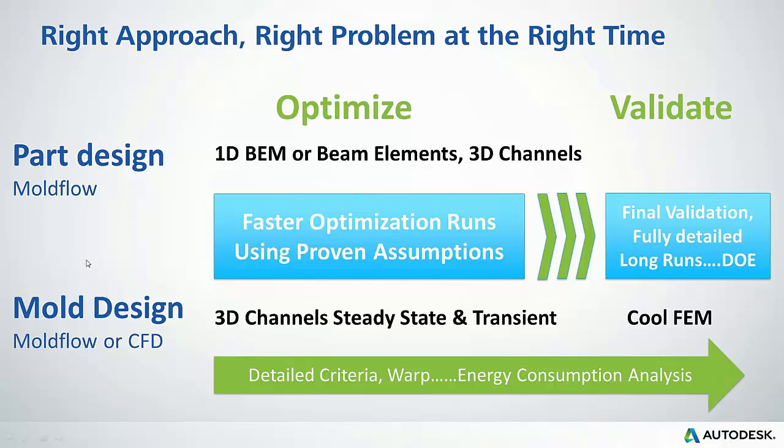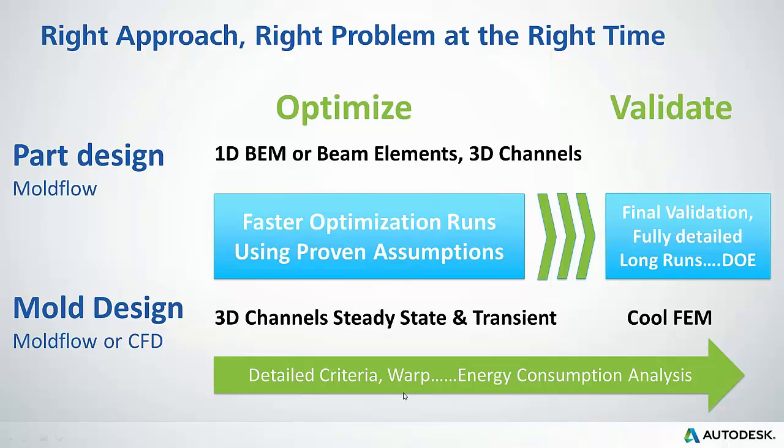There's plenty of options as far as how we optimize. Do we use 1D beam elements, 3D channels? And when we get into the tool design, we can start taking a more 3D approach, right? Apply 3D channels. We have the option then for steady state versus transient.